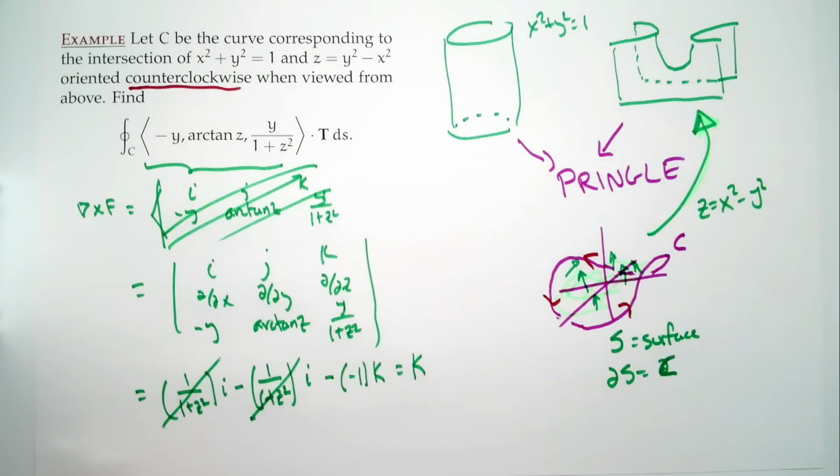All right. So when we're integrating, we're going to integrate the curl, which is 0, 0, 1, dotted with n dS over our surface S. Now we can interpret this as a flux.